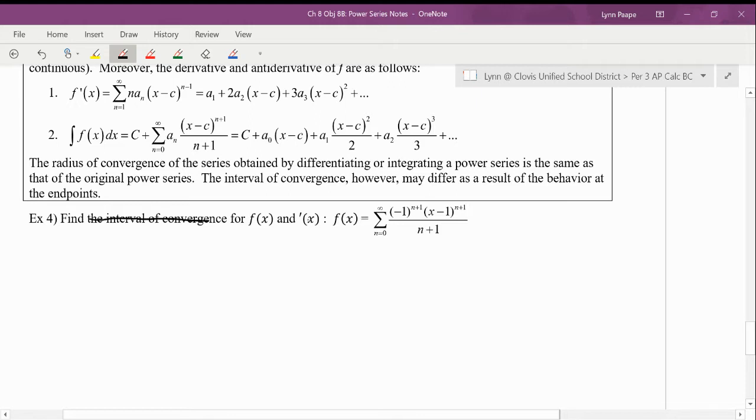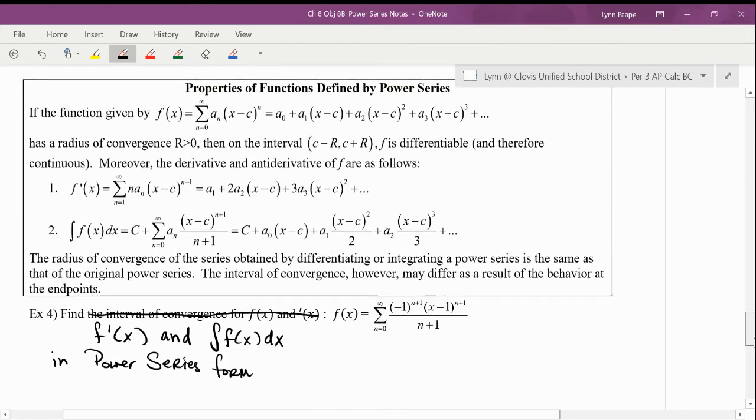I want to find f prime of x, and then the integral of f of x dx in power series form. Okay, so fix those directions, but let's go ahead and talk about these properties.